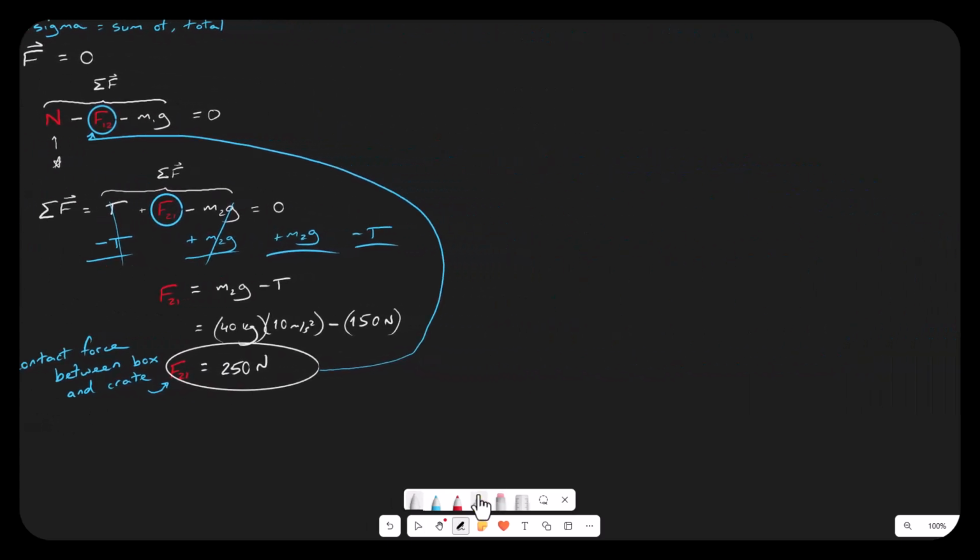My equation says N minus F12 minus M1G equals 0. I now know my F12, so I'm going to stop writing that in red. And I'm solving for N. So I'm going to add F12 to both sides. And I'm going to add M1G to both sides.